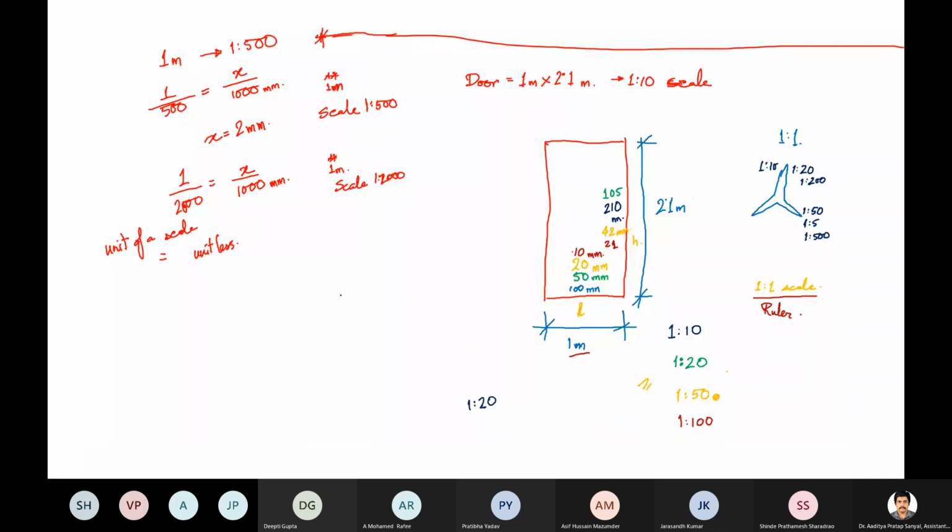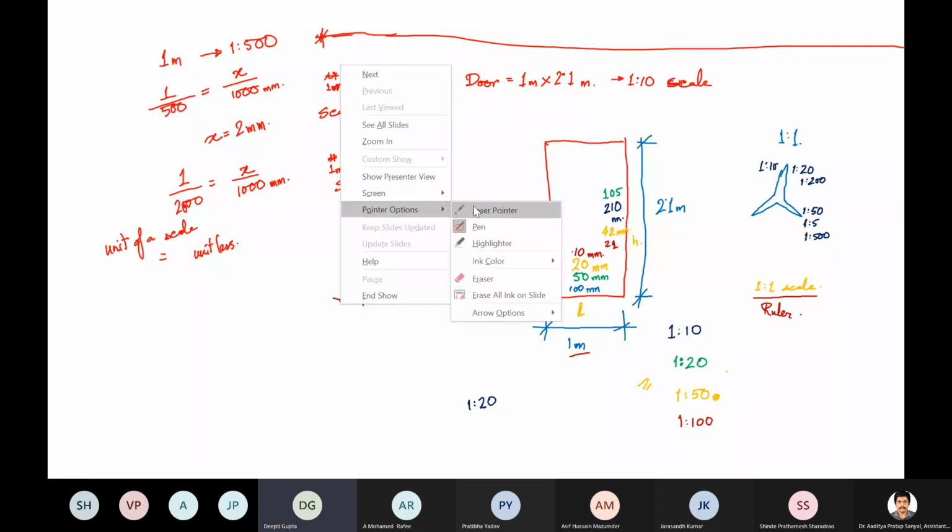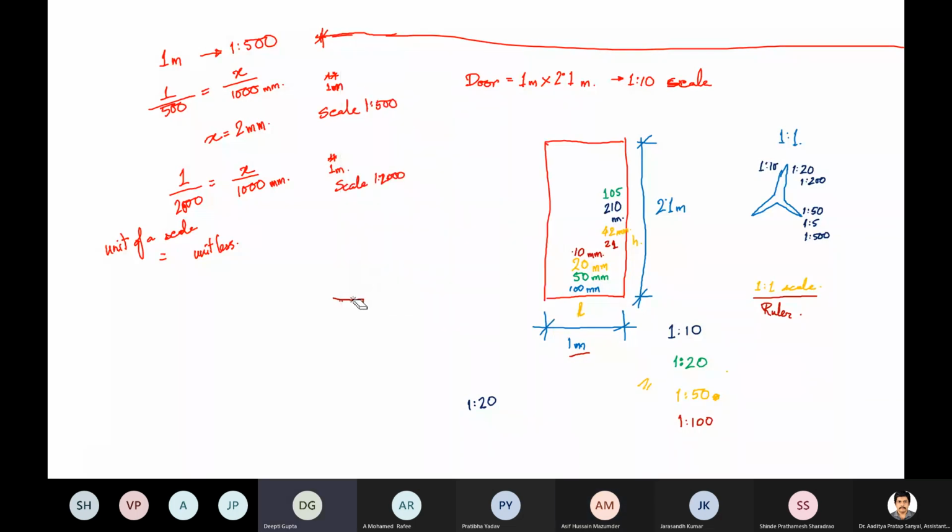If you refer to that paper, probably the second slide when I'm talking about doors, what is the standard thickness of a wall? Anyone knows? Any brick wall? 5 inch. 4.5 inch.